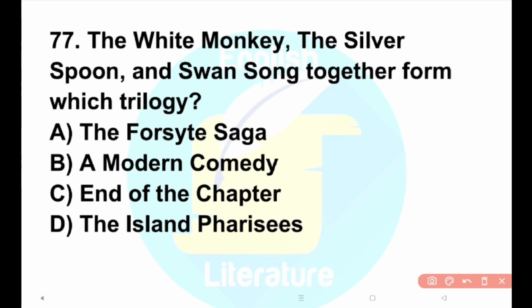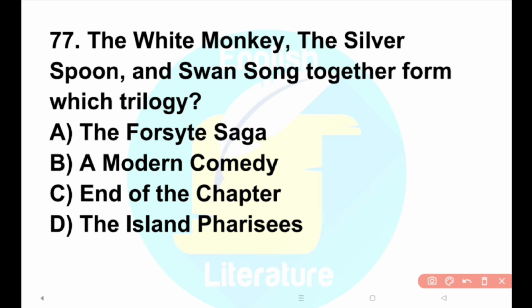The White Monkey, The Silver Spoon, and The Swan Song together form which trilogy? Option B, A Modern Comedy. These three novels constitute A Modern Comedy, a sequel to the Forsyte Saga.